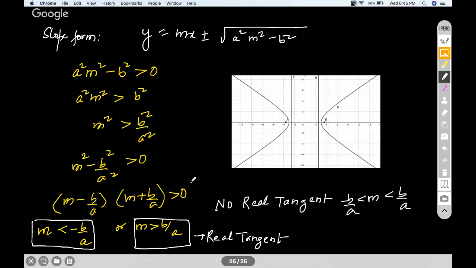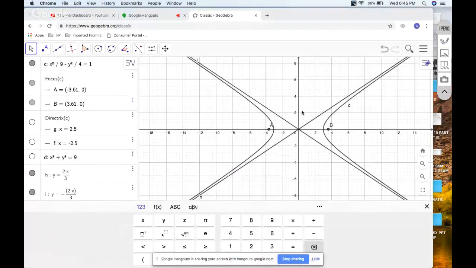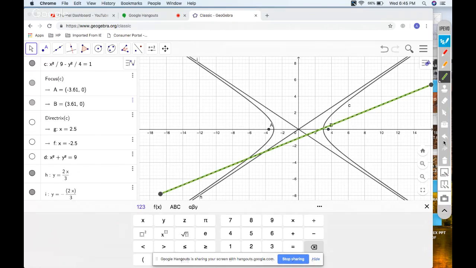And another thing which I want to tell over here, which many people tend to get confused about, is that there cannot be any tangent which is tangent to both the arms simultaneously apart from these two asymptotes. So asymptotes are the only two such tangents which are simultaneously touching both the arms.